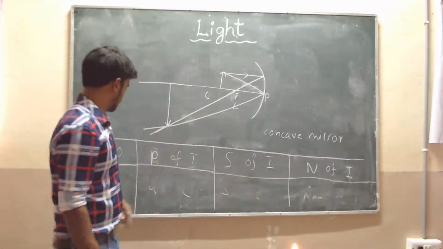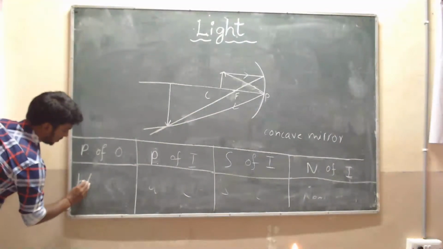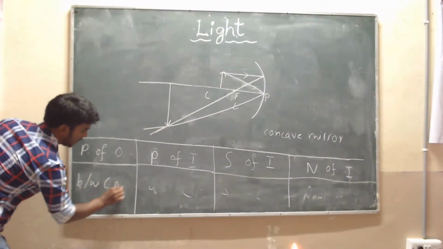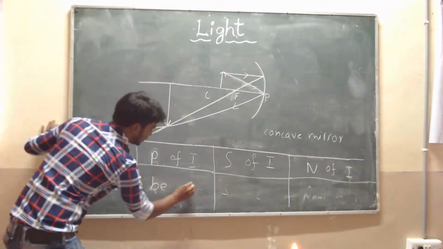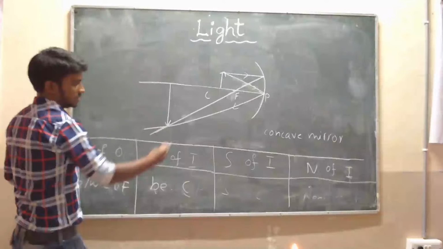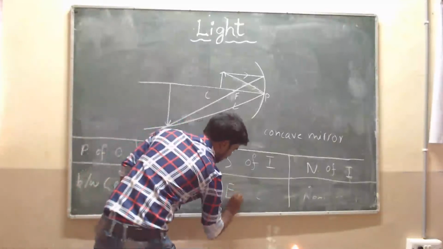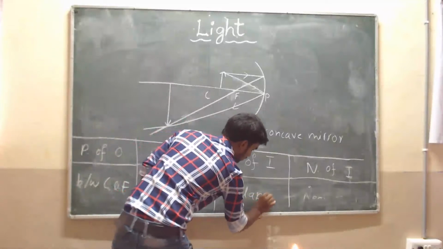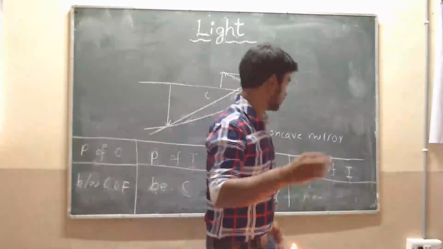Okay, right. So position of the object between C and F, position of the image behind C, then size of the image is enlarged. Okay, now let's check the nature of the image.